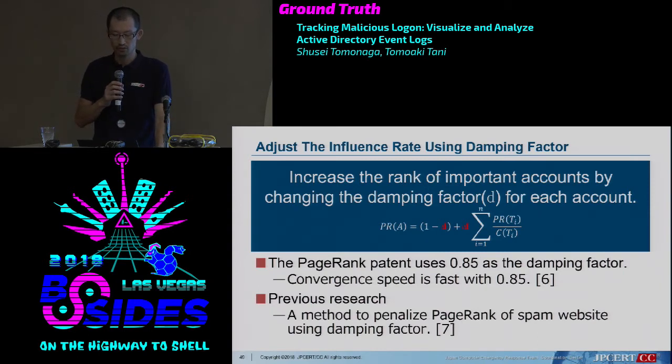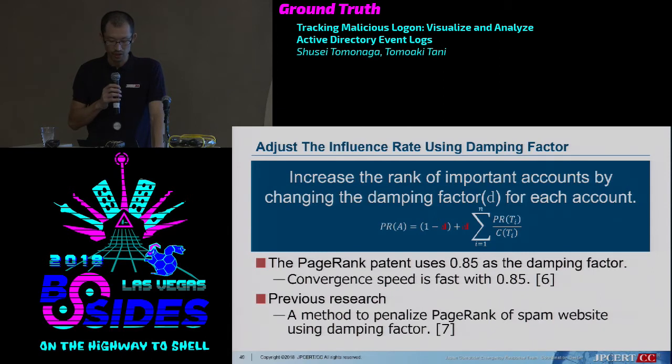Increase the rank of important accounts by changing the damping factor for each account. The PageRank theory holds that an imaginary internet user who is randomly clicking on links will eventually stop clicking. The probability at any step that the person will continue is the damping factor.